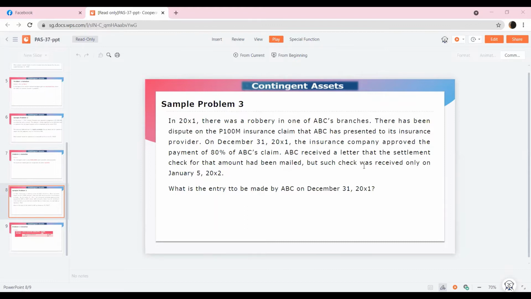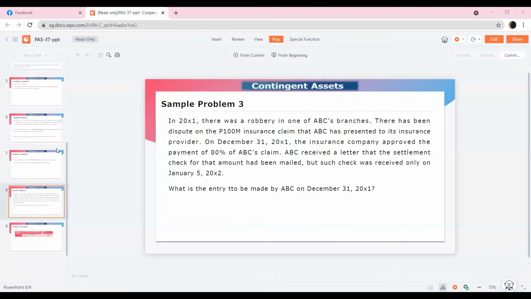So meron nang naganap na payment dito. So ABC received a letter that the settlement check for that amount had been mailed, but such check was received only on January 5, 20X2. The question is, what is the entry to be made by ABC on December 31, 20X1?